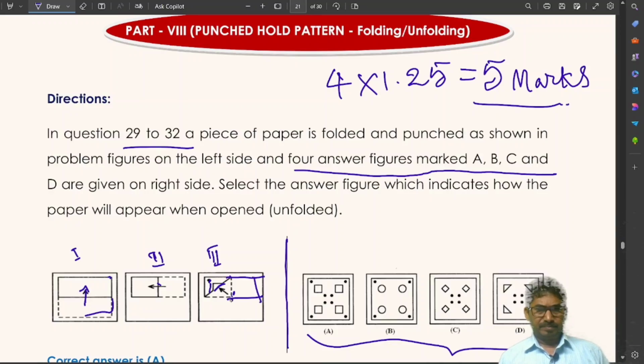After opening these 2 sides, these shapes and this punching will come. So here also 1 dot will come. So absolutely this will come. If you take a paper and fold it like this, we can get absolutely this figure. So option A is correct.